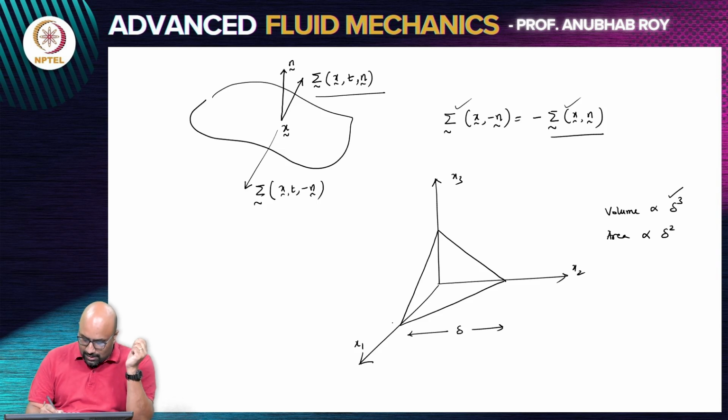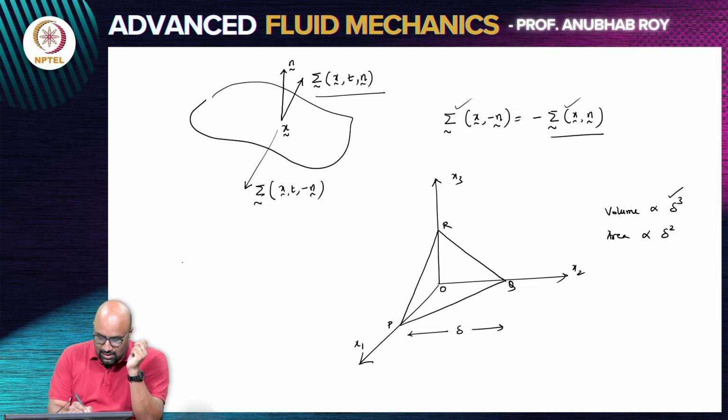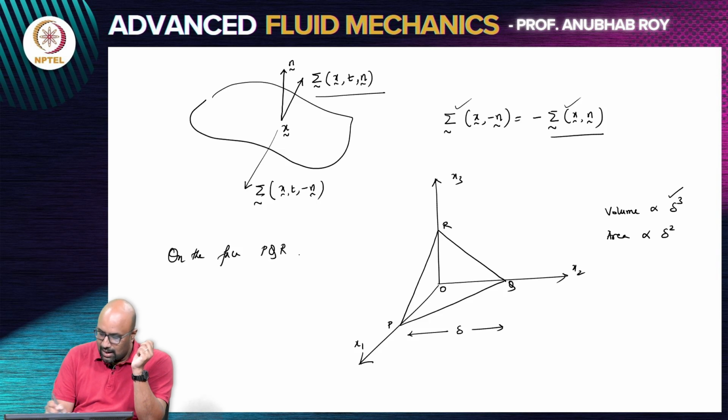Now, let's label this O, P, Q, R. On the face PQR, I am going to draw an outward normal n.